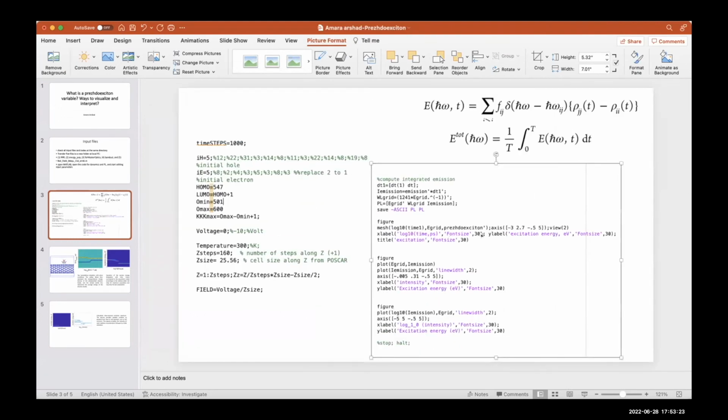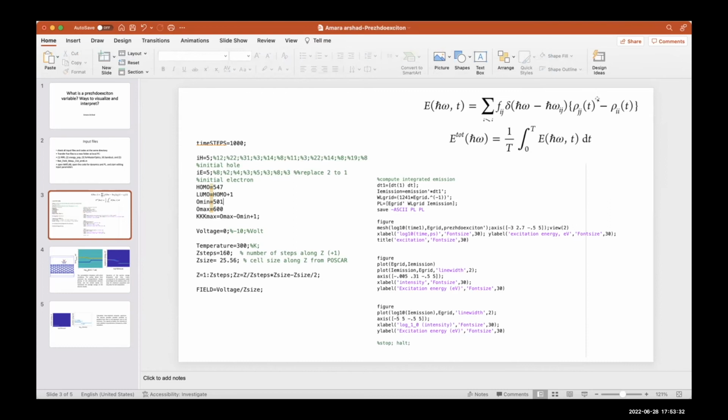This is the code that can be used to calculate the time integrated emission, and these are the equations that were explained by the professor, one is time resolved emission and one is time integrated emission.